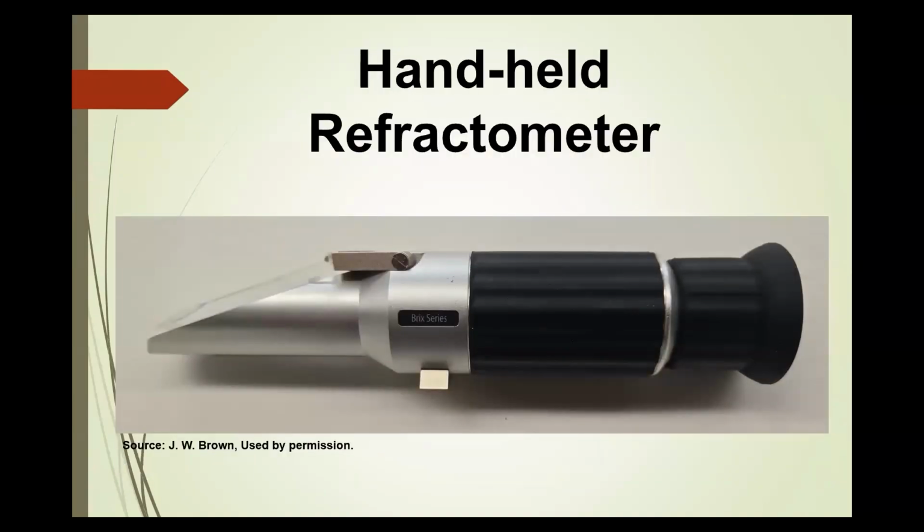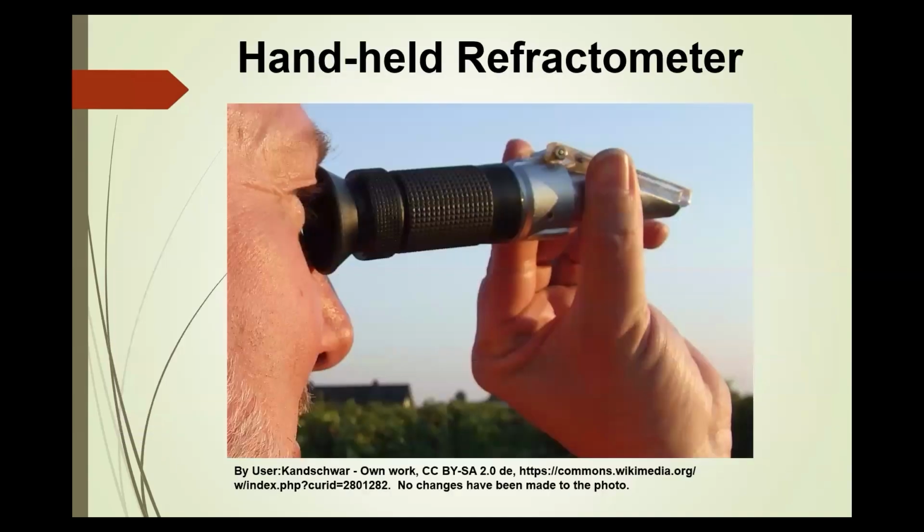This image shows the refractometer with the cover down. Imagine that a drop or two of fruit juice has been placed on the prism before the cover was lowered. You then hold the eyepiece up to your eye. Sunlight entering the prismatic surface before traveling down the tube is bent depending on the amount of total soluble solids in the fruit juice, and the sunlight causes an interface to form on the Brix scale in the eyepiece.